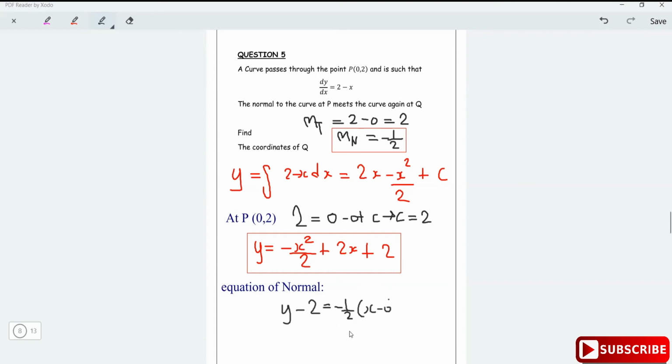So we bring this over, and the equation of the normal is y equals negative a half x, bring over the minus 2 to get plus 2.